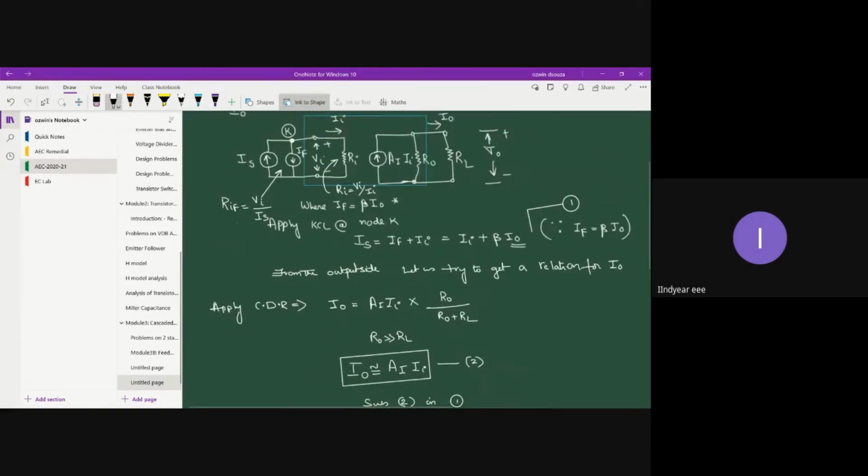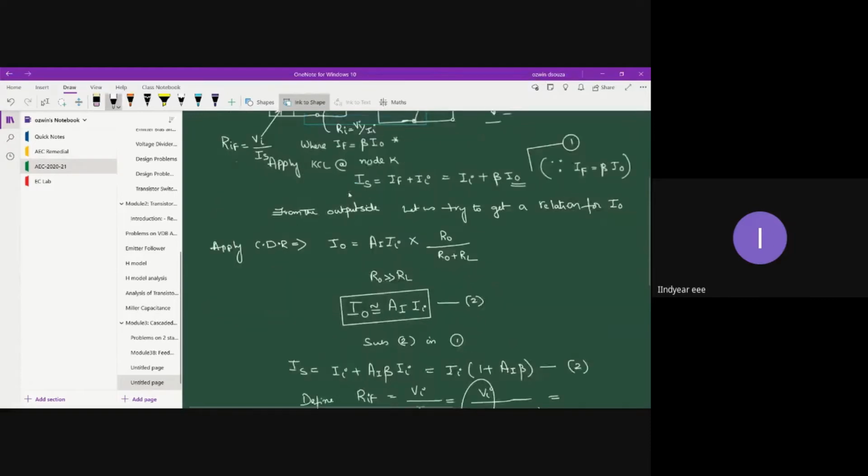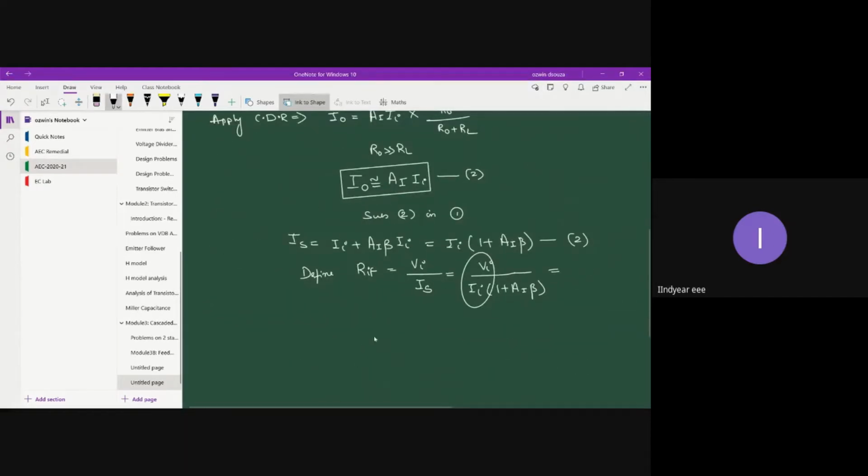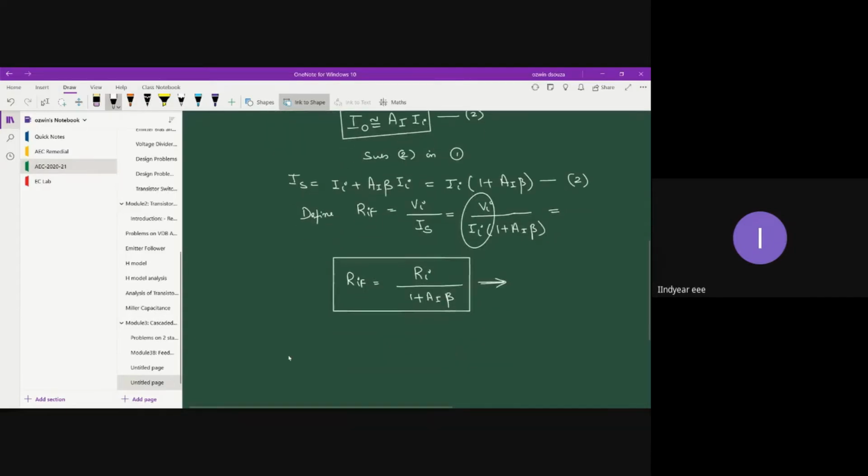We have already defined that, right? VI by II is nothing but Ri. So RIF is equal to Ri divided by the denominator factor, 1 plus AI times beta. So this is your input impedance with feedback.